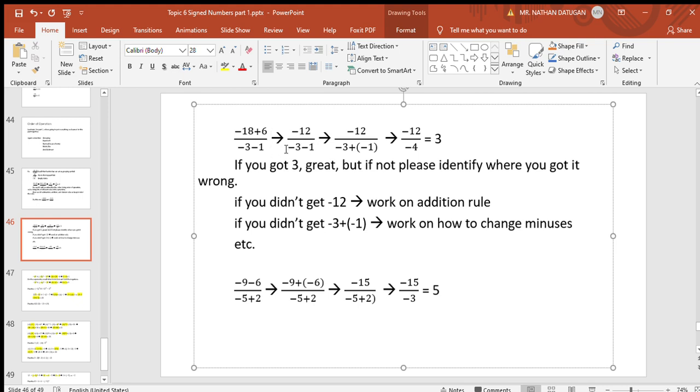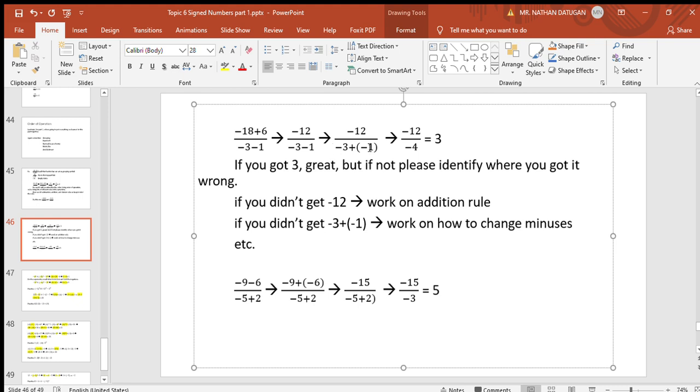Now, since we're done with the top, let's move on to the bottom. Negative 3 minus 1. Again, this is subtraction. We want to change that to addition. So we're going to change minus to plus, and we're going to change 1 to the opposite value, which is negative 1. So now we have negative 3 plus negative 1, which is negative 4.